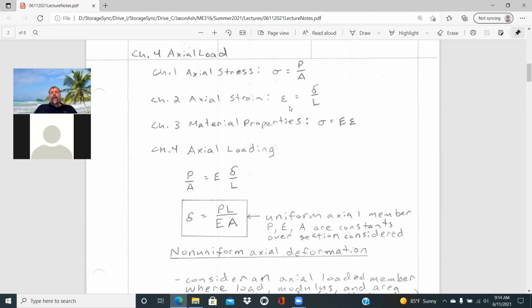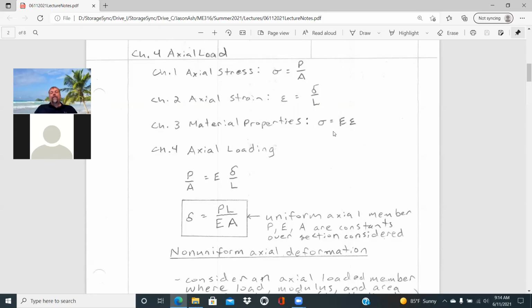In chapter 2, we learned that axial strain epsilon is equal to the displacement delta over L. And in chapter 3, we learned the 1D Hooke's law: sigma is equal to the Young's modulus E times strain epsilon. And then we also learned the full 3D Hooke's law, but chapter 4 just deals with pure axial loading.